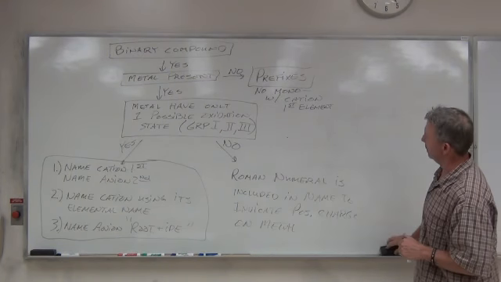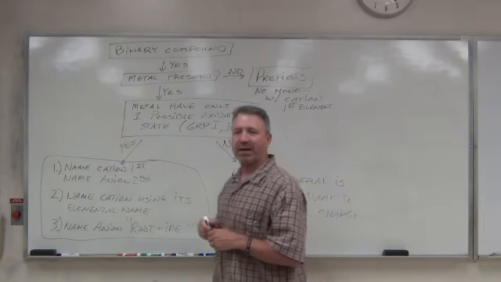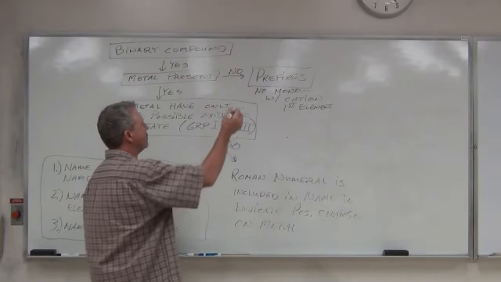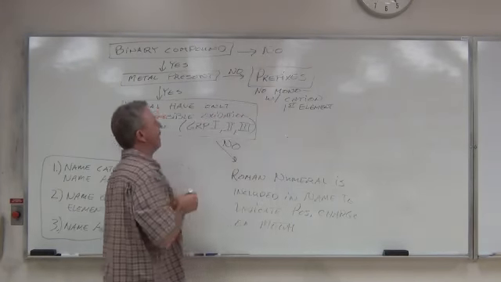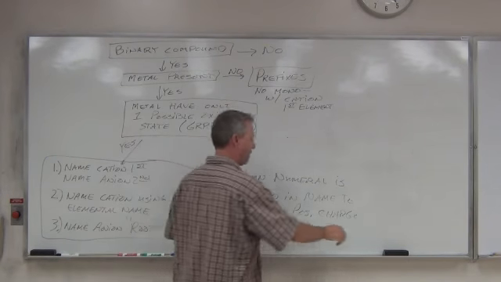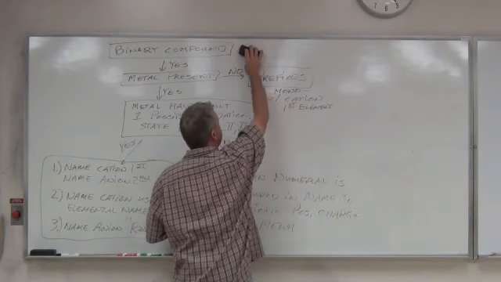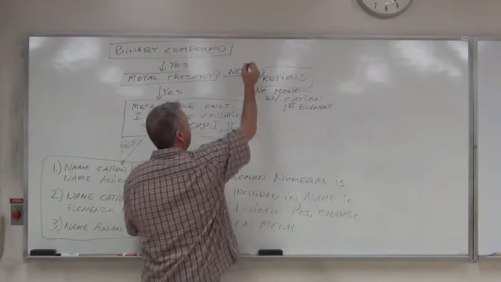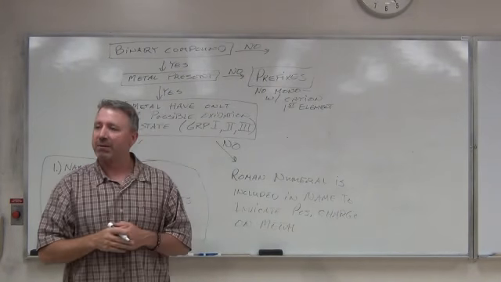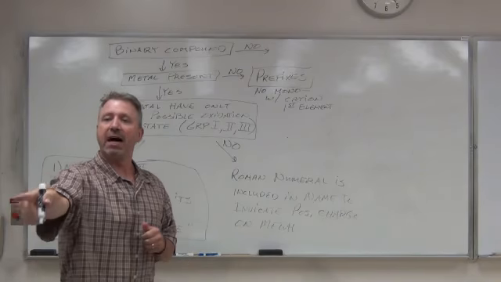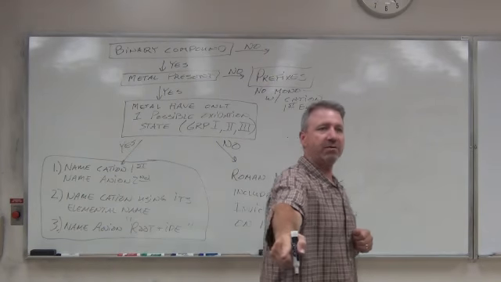Now the last one is binary compound. What if you say no to binary compound? If you say no to binary compound, you have a polyatomic ion. You have an ion off that list on page 3.5.